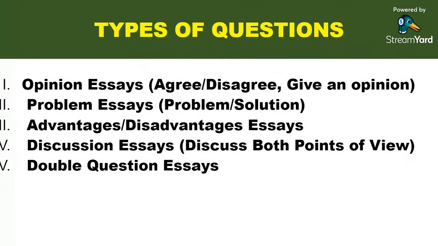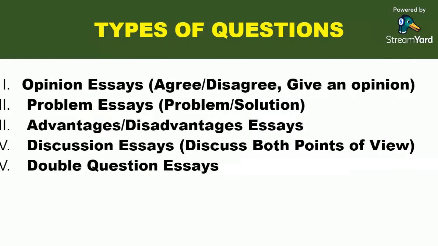Now, let's first look at the different types of questions that usually occur in the IELTS academic writing. You have 5 different question types. You have the opinion essay, which we are going to look into today, the kind of essay that will require you to agree or disagree with a given topic or to give your opinion on it.